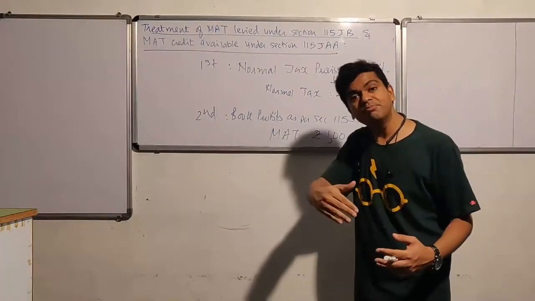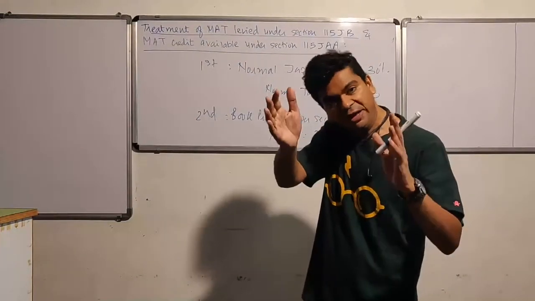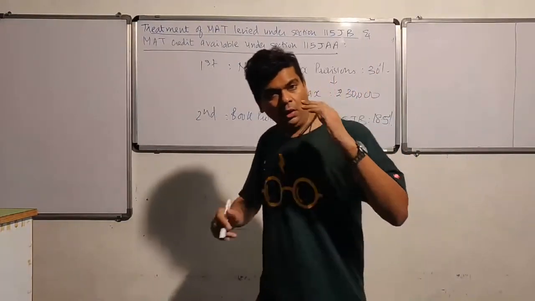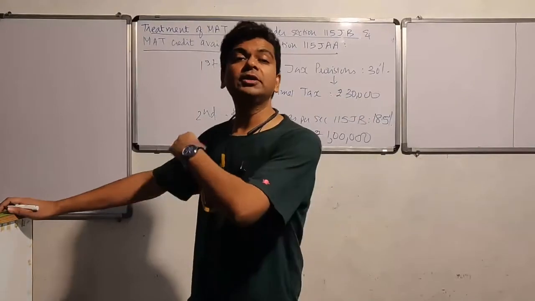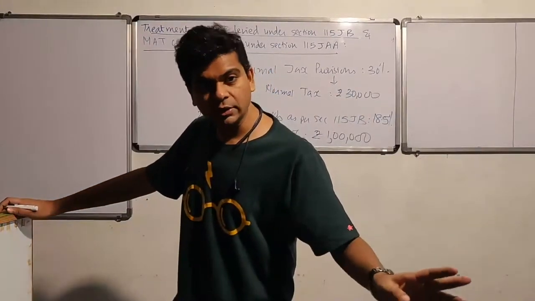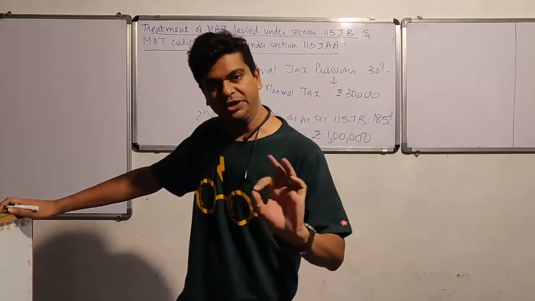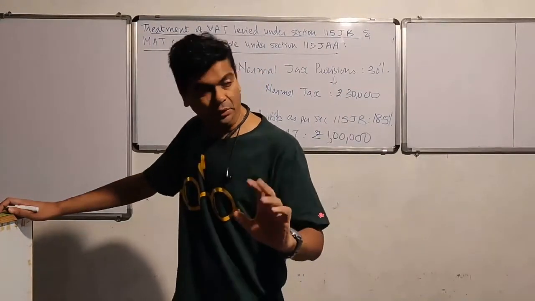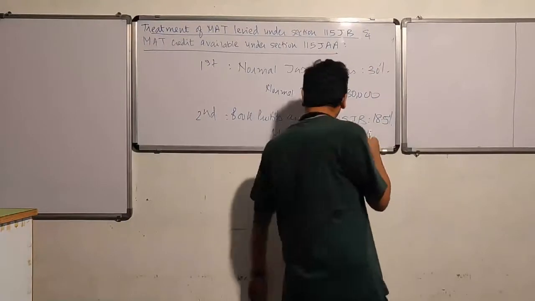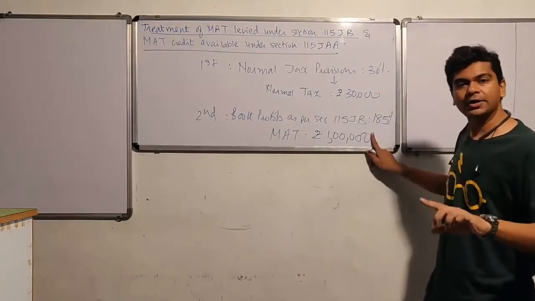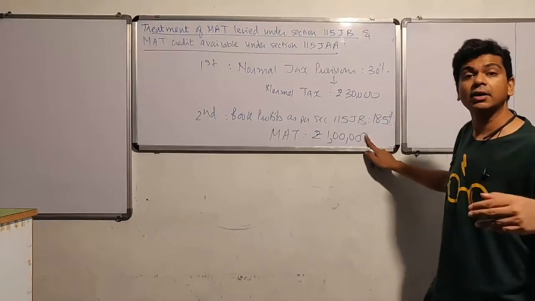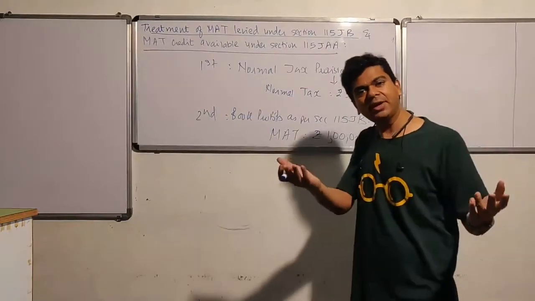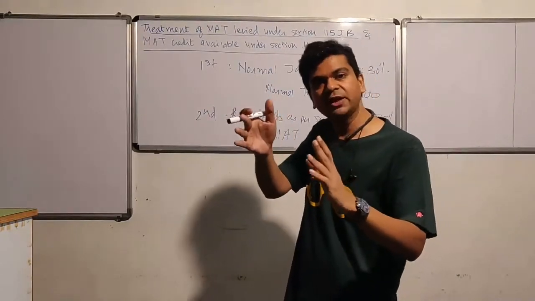How will I now present this in my financial statements? In Ind AS 12, you read the entire accounting standard, nowhere do they mention anything about minimum alternate tax. But since 1 lakh is the tax payable, I can argue this is nothing but current tax. Tell me, what is current tax? We had discussed this as one of the concepts earlier.